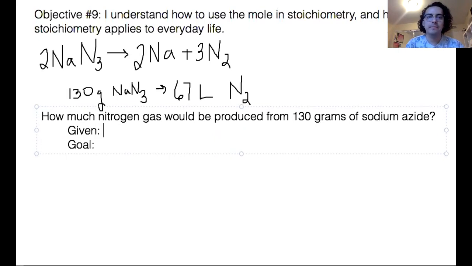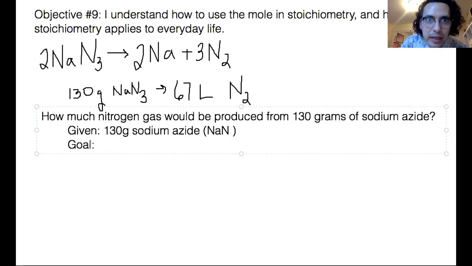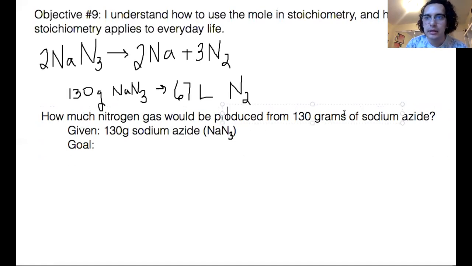Your given, always find the number: how much nitrogen gas would be produced from 130 grams of sodium azide, NaN3.